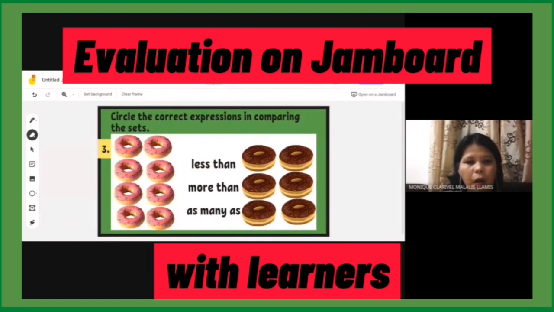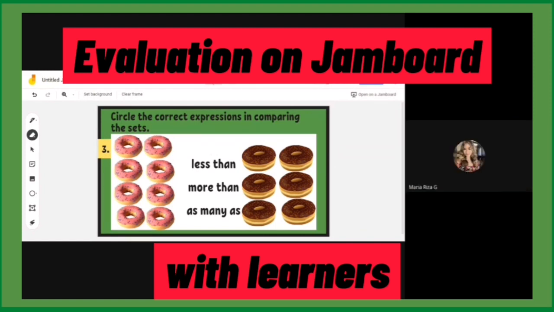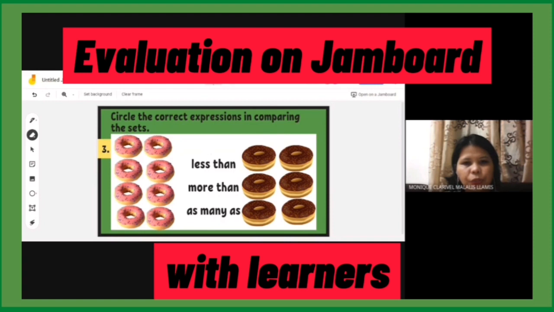Okay, number 3. There are 8 strawberry donuts in the left and 6 chocolate flavored donuts in the right. Okay, Nicole, try to circle the correct answer.